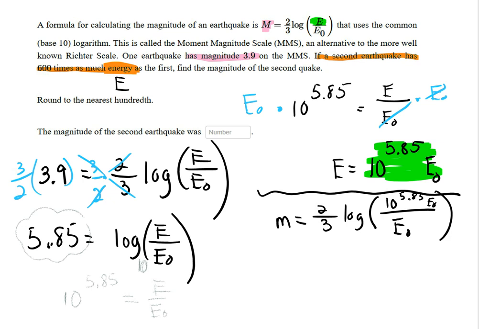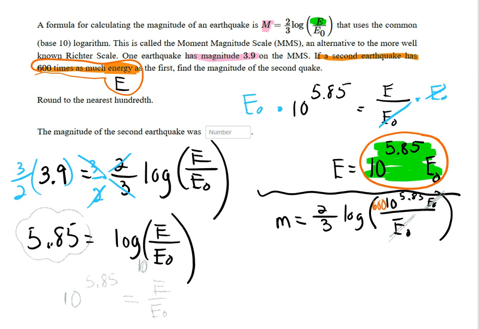Yeah, I'm good. The E sub 0's end up canceling out, okay? And it feels like there should be another variable in there, but they're saying that the second earthquake has 600 times as much energy as the first one, and the first one was this, so I have to multiply that times 600.